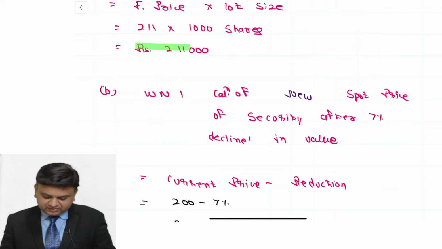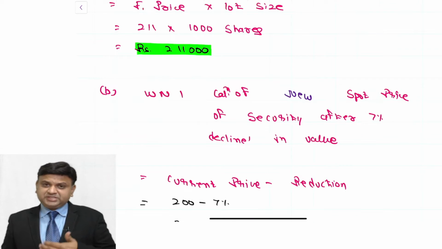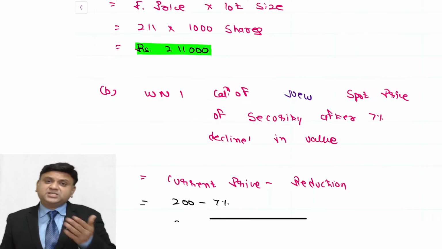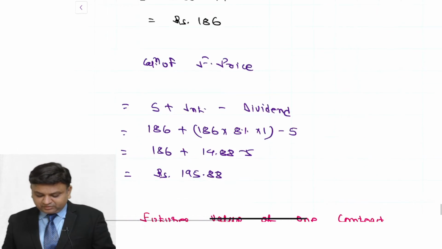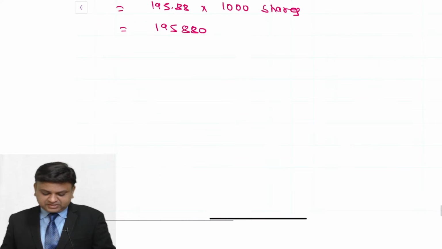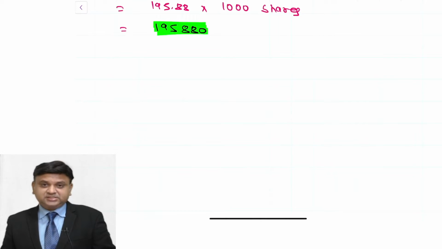That is 2,11,000, because he has entered into the futures contract. On the next day, the price of the security is changing. The question says that suppose on the very next day he squares off the transaction. What will be the price at which he will square off the transaction? 1,95,880.